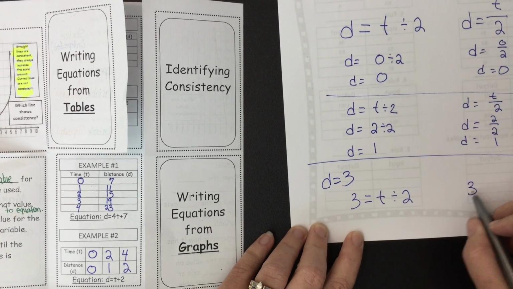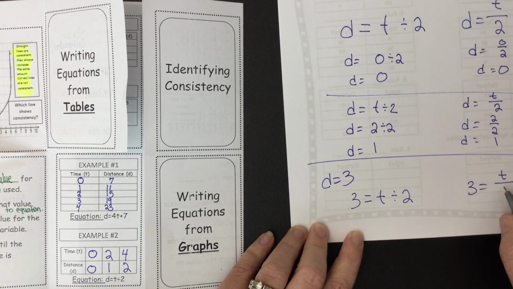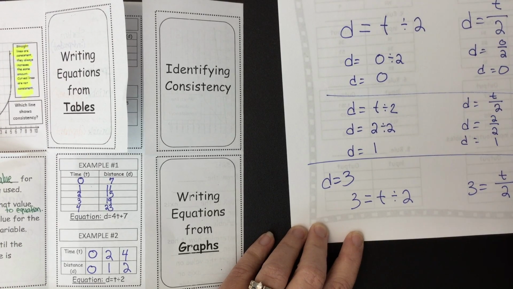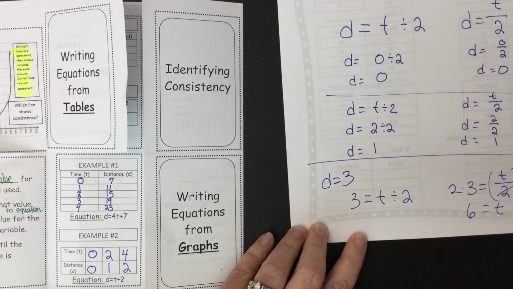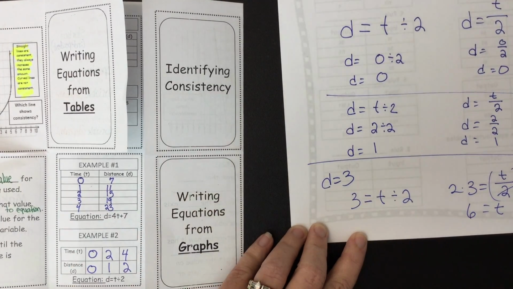What am I doing to my variable? I'm dividing it by 2, right? So what is the inverse operation of dividing by 2? Multiplying by 2. Cancels out. And 2 times 3 is 6. So I can use the same steps, plugging in my value, choosing my value, to find my dependent as well as my independent, yes?